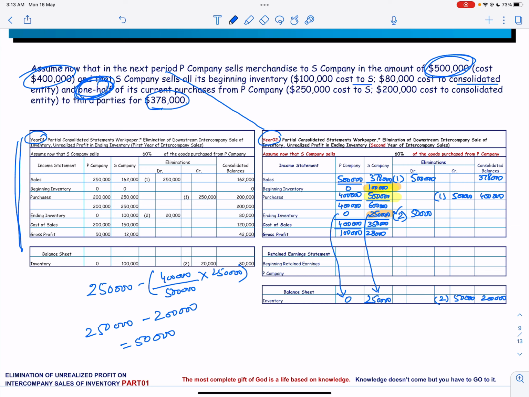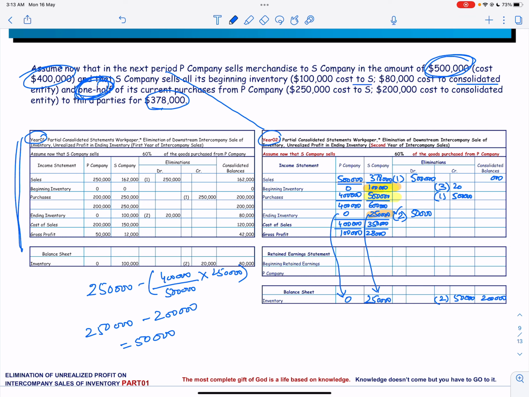So 20,000 will be credited. We are going to credit the beginning inventory in the income statement by 20,000, and now we have the beginning inventory.